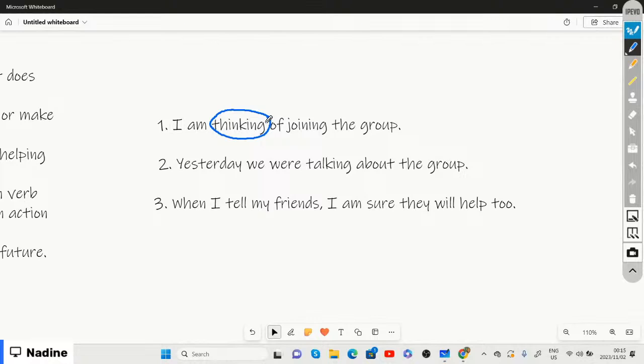No, thinking is correct. So thinking is something that you're doing, right? So if thinking is our main verb, let's put the main verb.